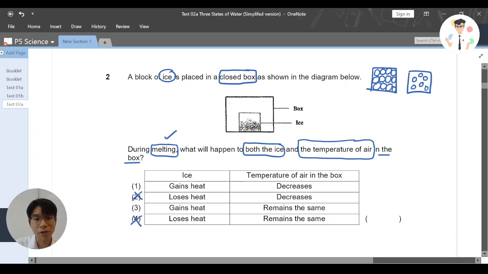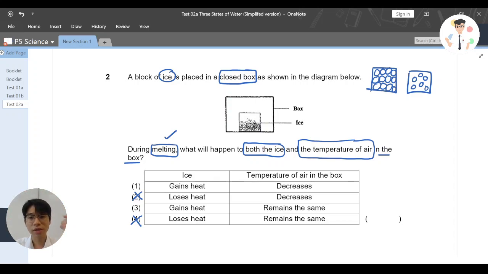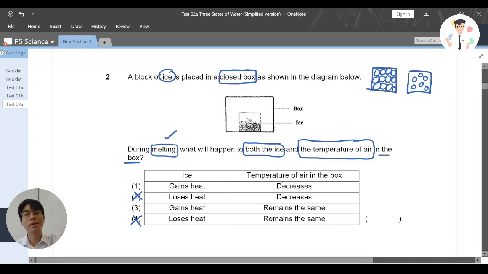And because ice is gaining heat, will the temperature of the air be cooler or hotter? Now again, ice is gaining the heat, so when the heat is taken away from the air, the temperature will become cooler. And when it's cooler, the temperature of the air decreases. So the answer is option number 1. It does not remain the same. But if they ask about the ice, yes, it will remain the same. But here it's asking the temperature of the air in the box.